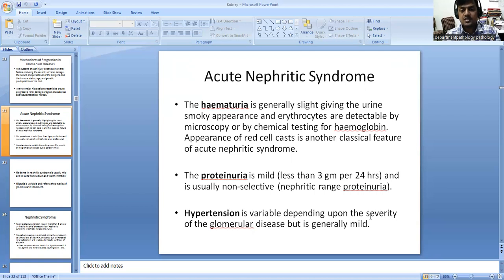The proteinuria is mild as compared to nephrotic syndrome, where the proteinuria is more than 3.5 gram per day. Here, the proteinuria is mild and the criteria is less than 3 gram per 24 hours and is usually non-selective. Hypertension is variable depending upon the severity of the glomerular disease, but is generally mild.